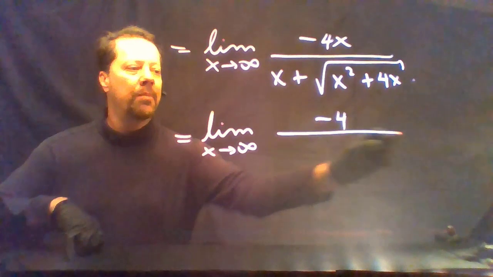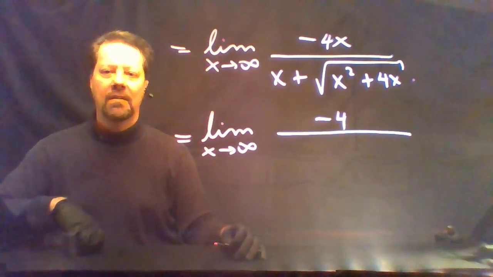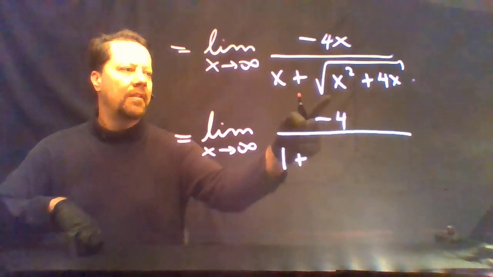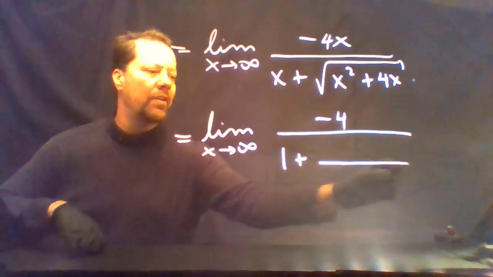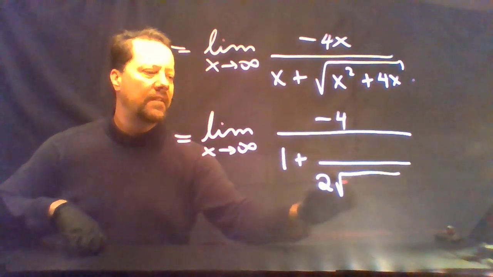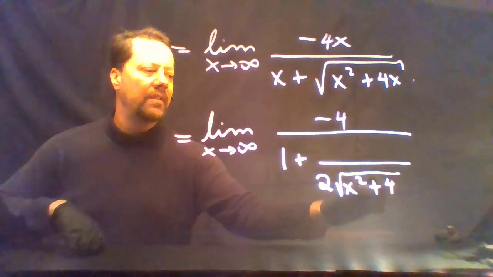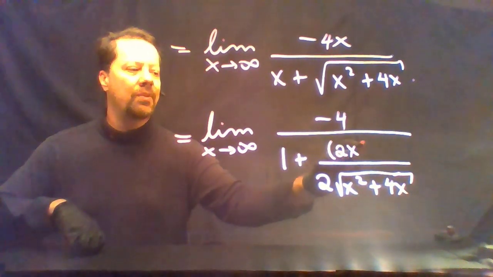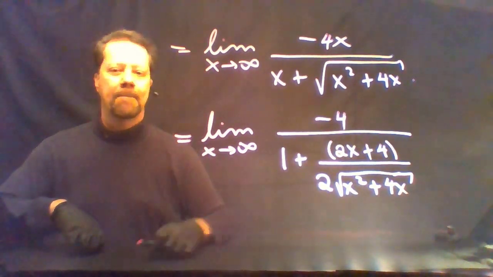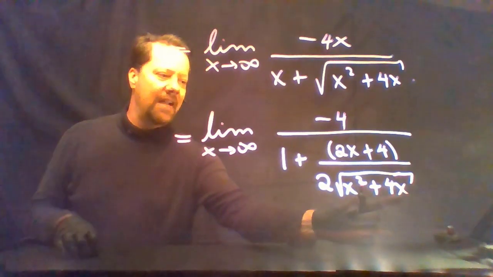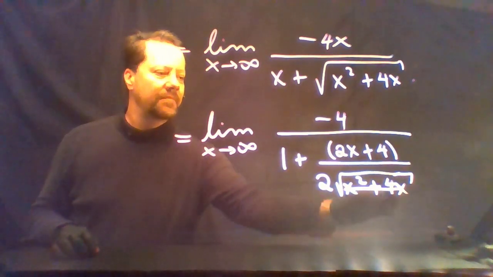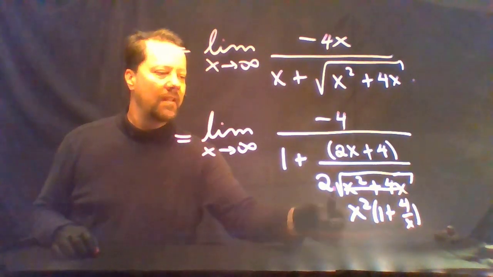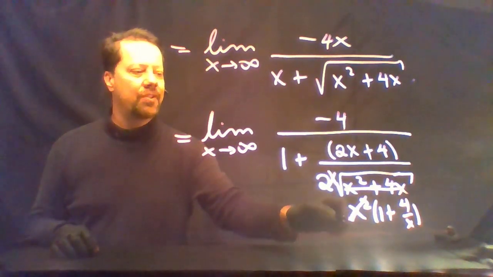the derivative of the numerator is just minus 4. In the denominator we have 1 plus the derivative of square root is 1 over 2 root. Leave the inside alone, but then you multiply by the derivative of the inside, which is 2x plus 4. If you factor out an x squared from here, the x squared can come out of the square root as just an x.